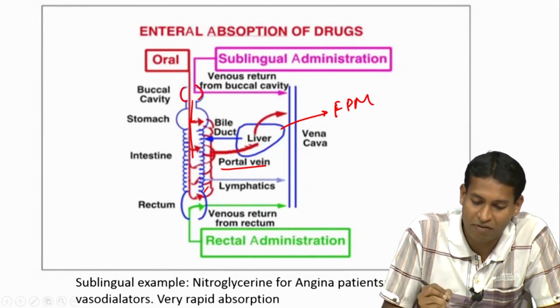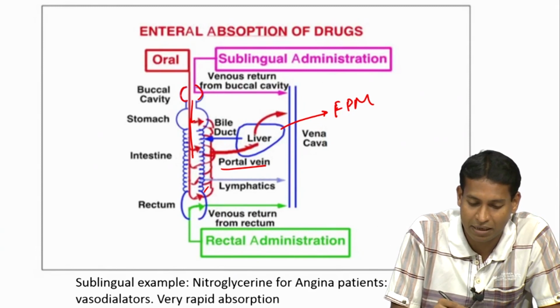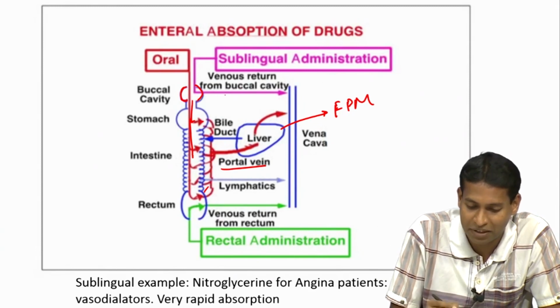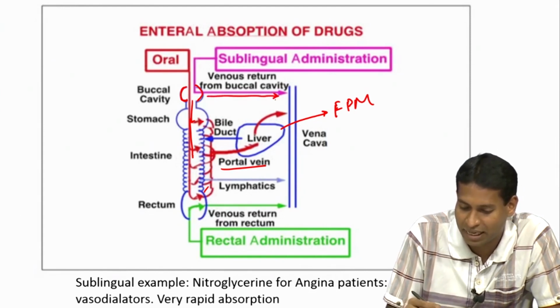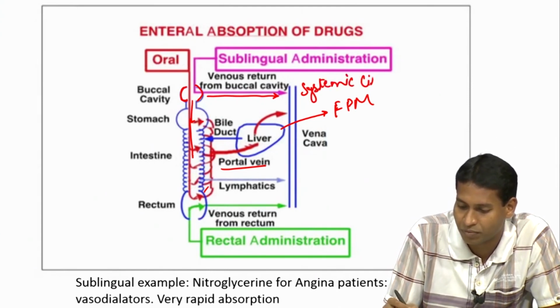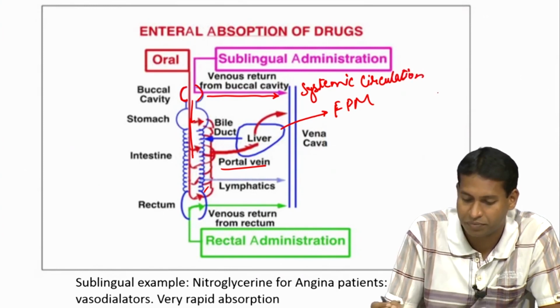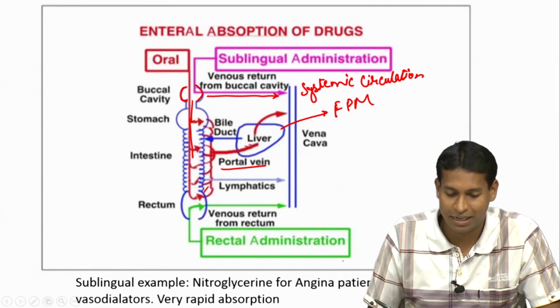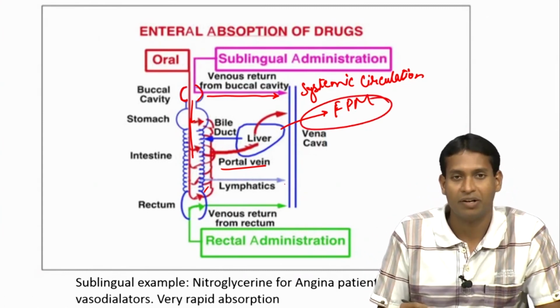However, there is a separate vessel that is carrying molecules from the buccal cavity directly to the systemic circulation. Because of that, you are now avoiding this first pass metabolism, and the drug is much more protected.